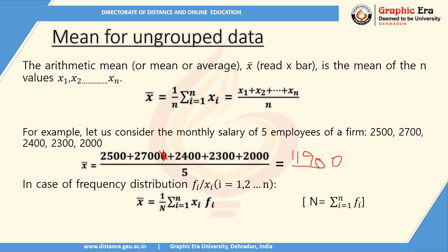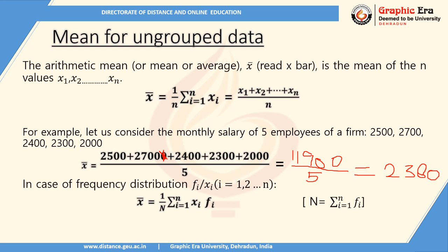And it is divided by 5. So what will come? Divide this 11,900 by 5. It will be 2,380.